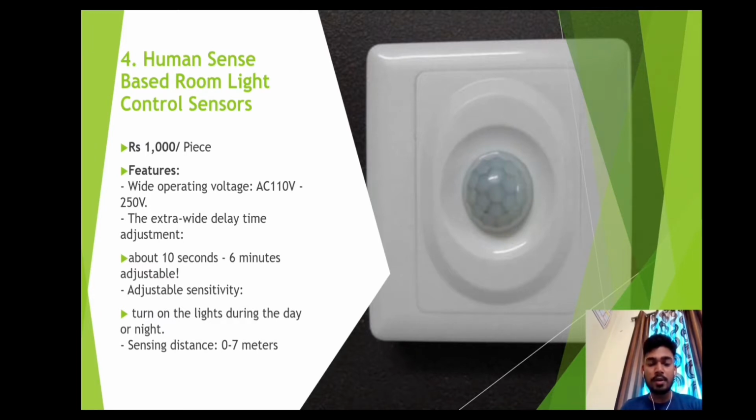It performs at 110 to 250 volt AC, and the time can be adjusted from about 10 seconds to 6 minutes. The sensing distance is 0 to 7 meters. It turns on the light depending on whether it is day or night.